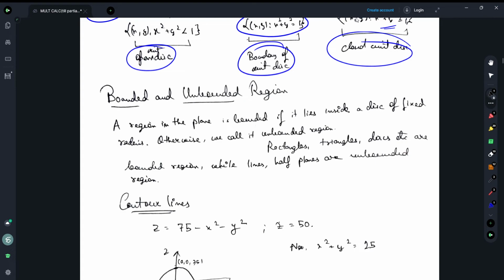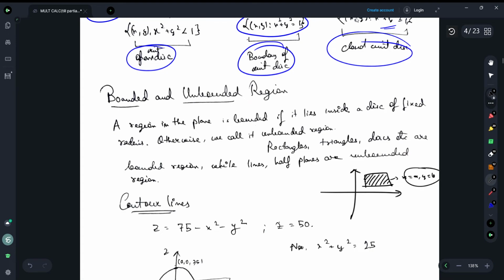For example, say you take an XY plane and you form a rectangle. This is a region. Let us define this particular region properly. Let's say you have this as x equals a, this as x equals b, this as y equals c, and this as y equals d.